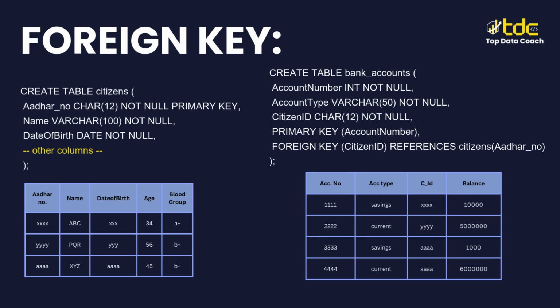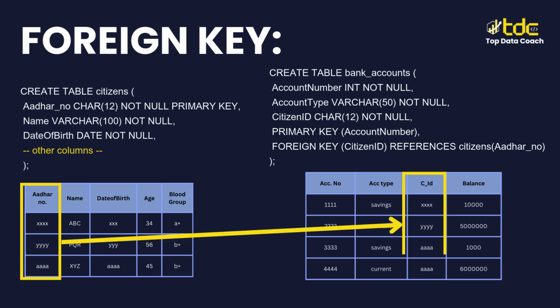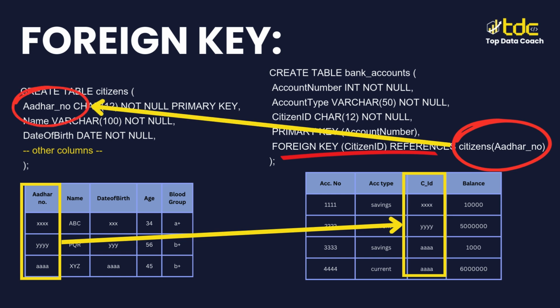And to validate that the account holder really exists, we are adding the Aadhaar number or SSN as a foreign key, which is referring to the primary key in the citizen table. Now I hope the concept is clear to you.